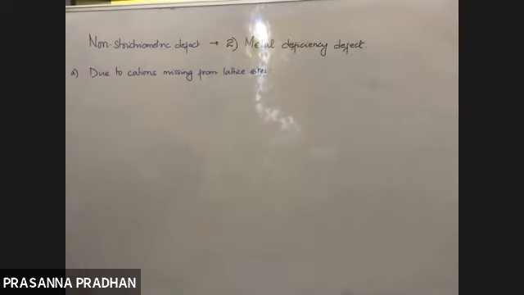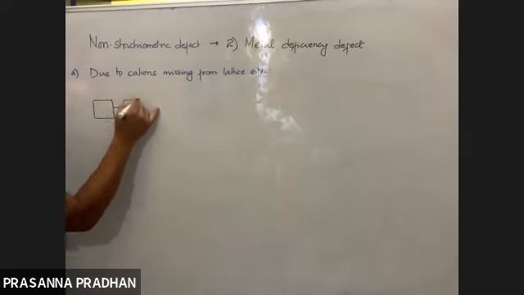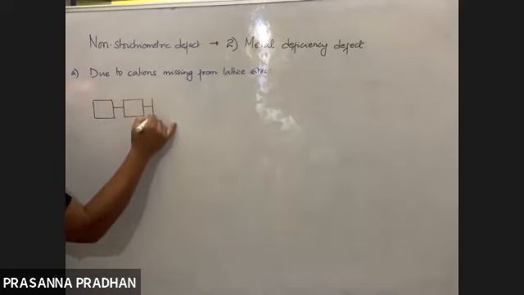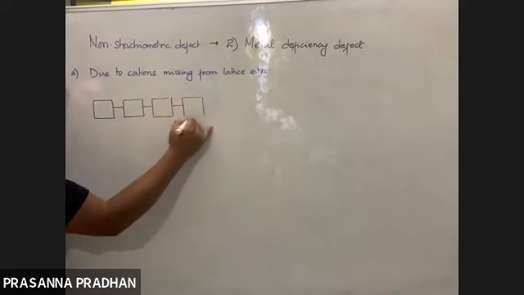Okay, so let me just draw it. Please try to follow the diagram. Okay. So again, let me draw it. You can draw along with me if you want to, or you can take a screenshot and draw later on. Your wish.